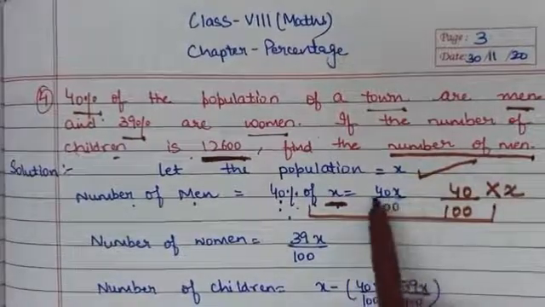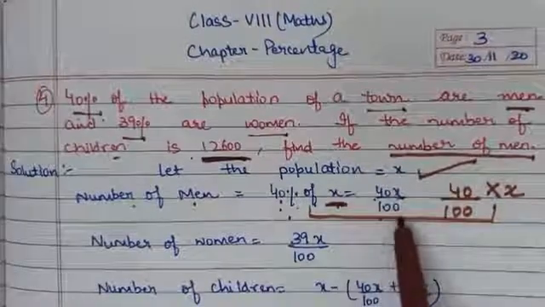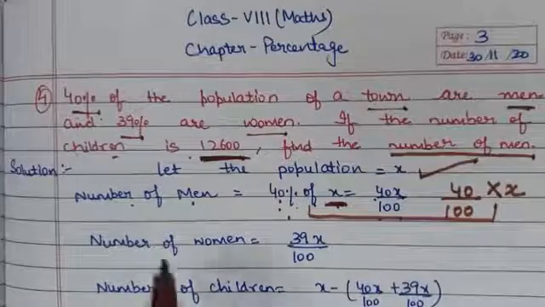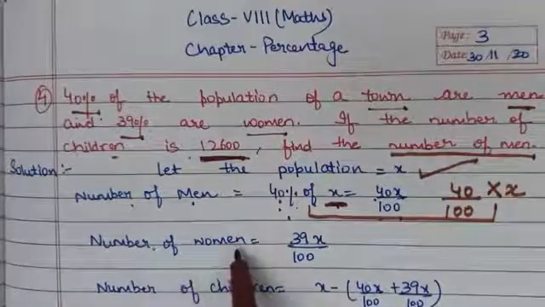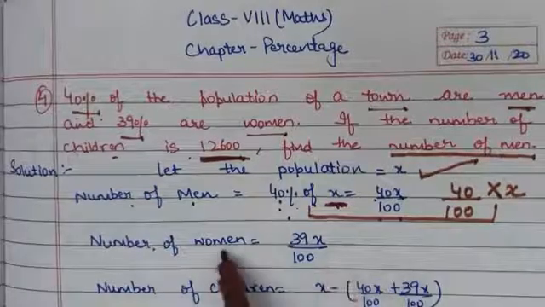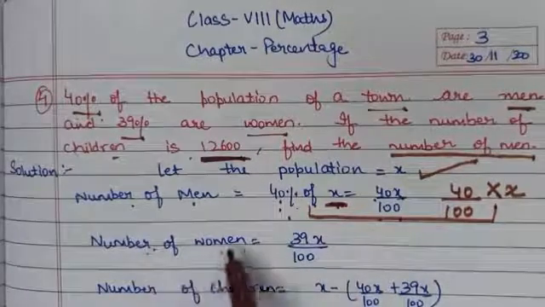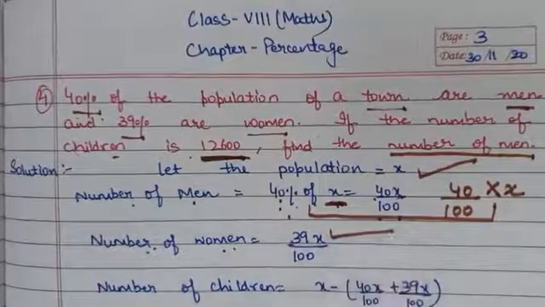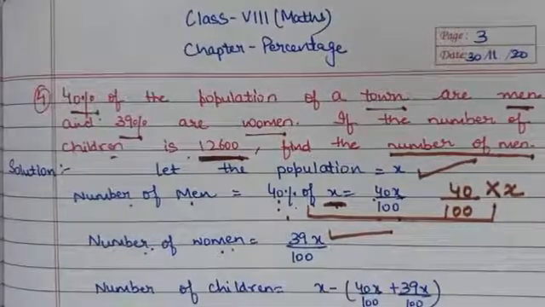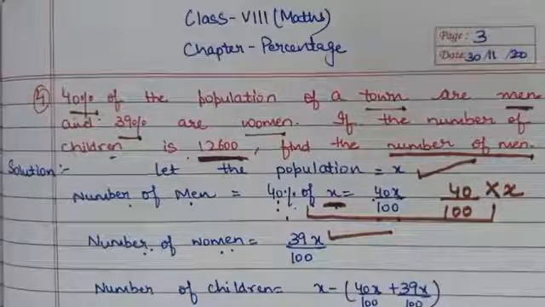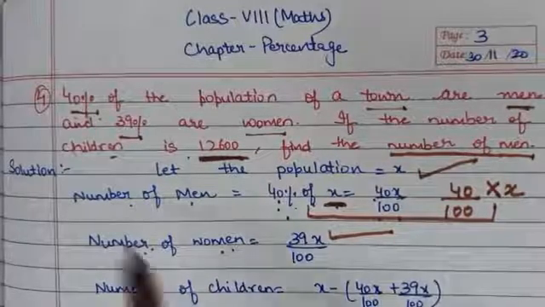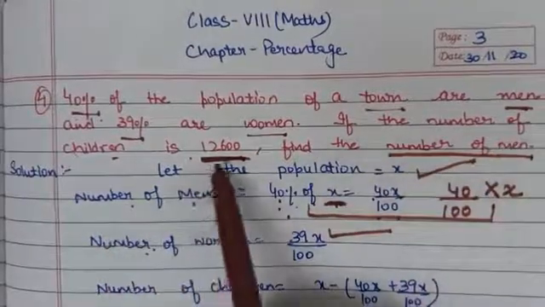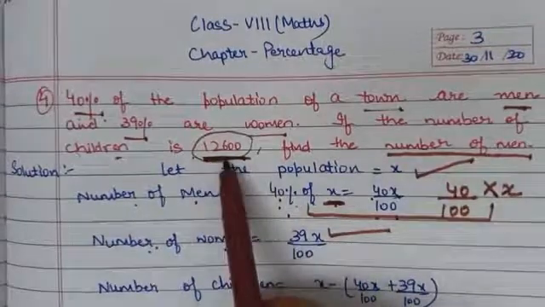So, we get 40x upon 100 as the number of men. The number of women is 39%, so I have written directly 39x upon 100.